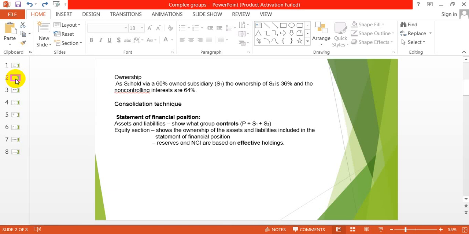In the statement of financial position, P will consolidate S1 and S2. All assets and liabilities will be consolidated on a line-by-line basis.